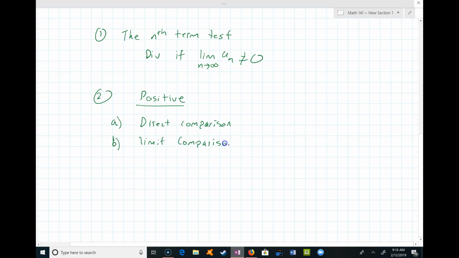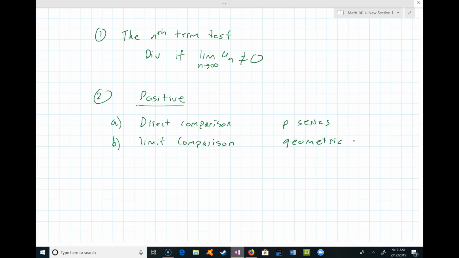And that really comes down to whether it looks like something we know. Usually we're trying to compare to a p-series or a geometric. Now I should back up and say, even before I consider the direct comparison or limit comparison, if it is a p-series or a geometric or a sum of geometric or a p-series times a constant, then of course we can take care of it without any of those tests. But if it's not one of those obvious ones, then usually my first thought is, can I do a direct comparison or a limit comparison?